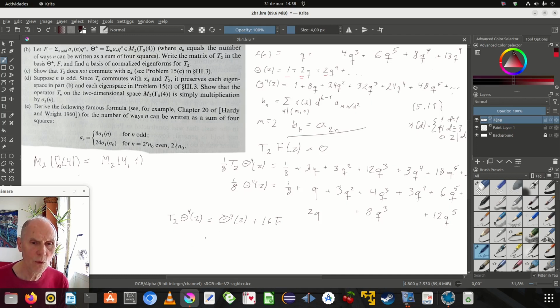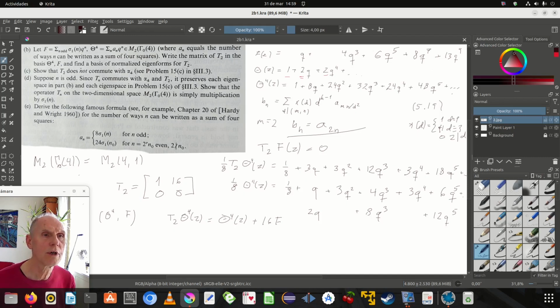So theta 4 maps to, we write it up here, to theta 4 plus 16f, and f maps to naught. So the basis is theta to the 4th point and comma f.